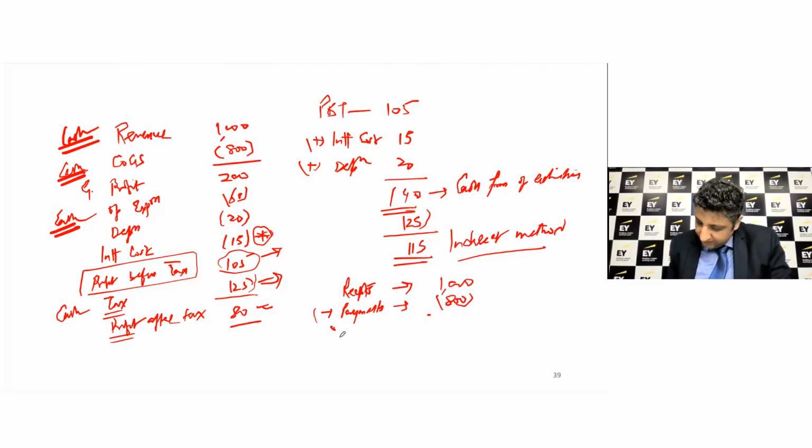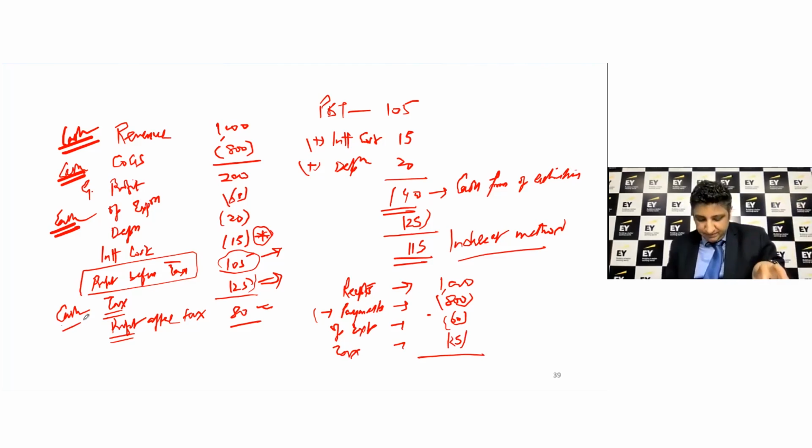Then are my operating expenses, which is 60, and then my tax payment, which is 25. All I've done is I picked those items which I'm paying in cash and which relate to operations. So the first step that you always want to remember is which are the items which relate to operations, and the second part is whether these are in cash or not.